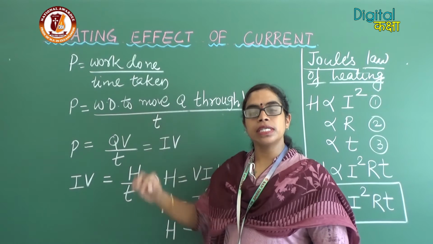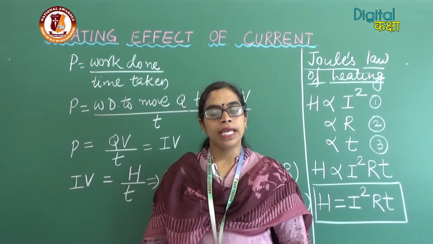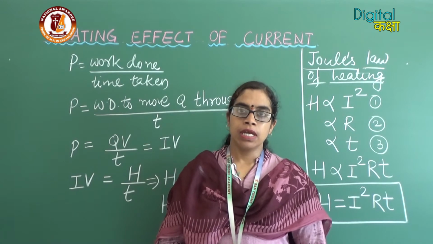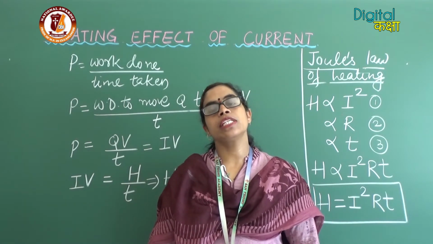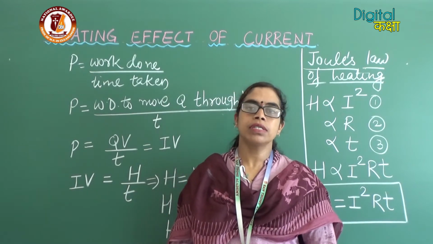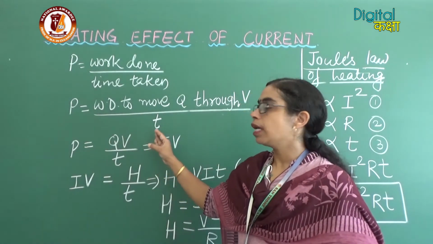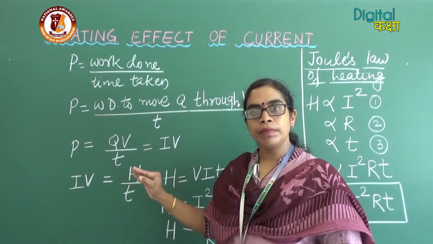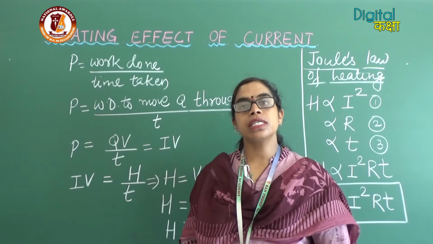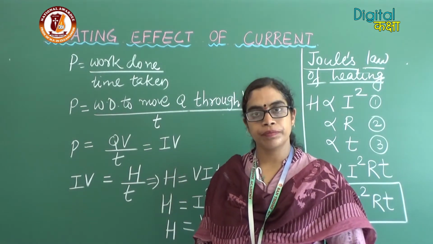Now, this charge is the charge which is present in any conductor in the form of free charges, and these free charges are only responsible for the flow of current in any circuit. This work done will be divided by the time for which the charges are flowing through that potential difference region.